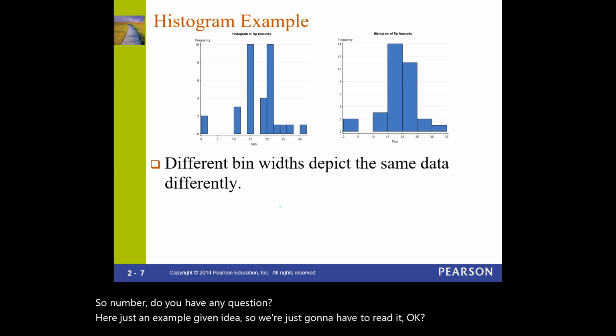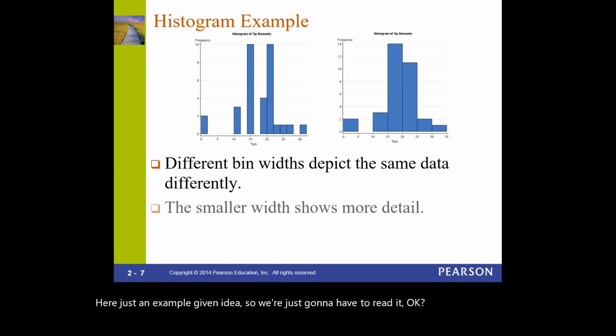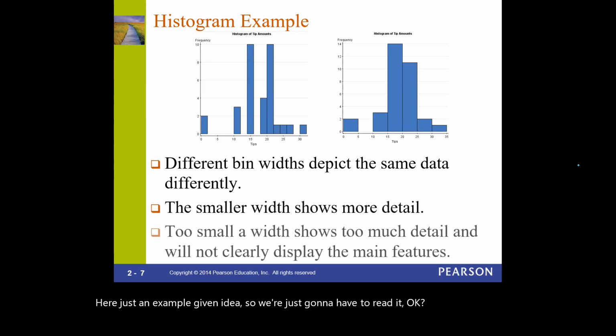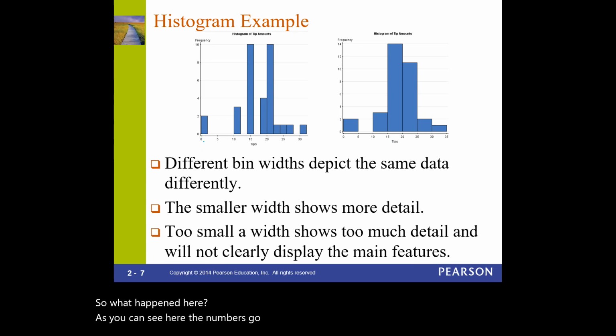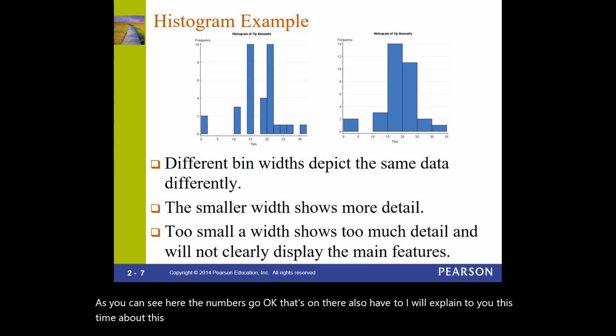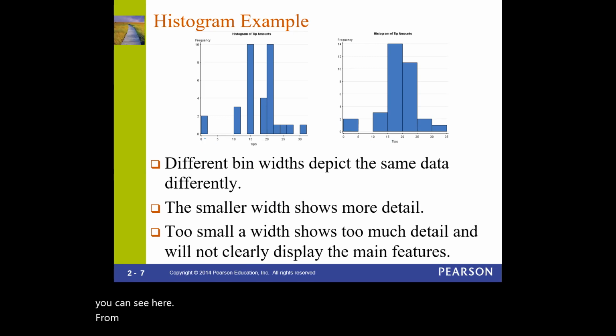So what happened here? As you can see here, the numbers go. I will explain this later on, because I was still doing a little bit of introduction. As you can see here, we got a smaller bin. Let me use a different color.